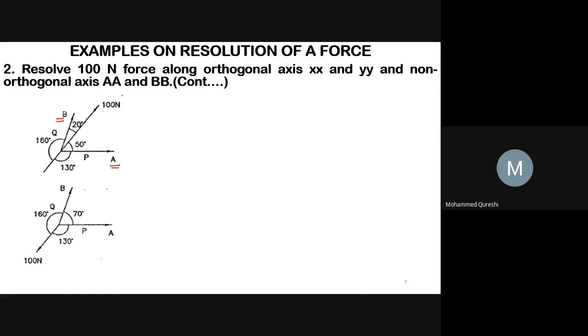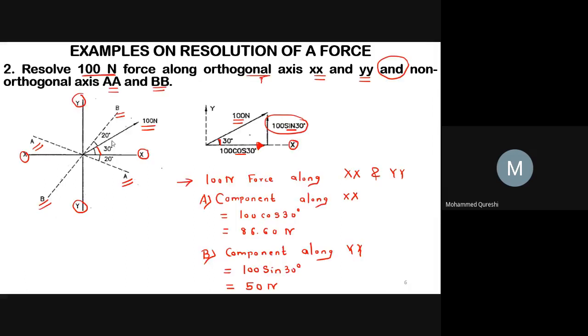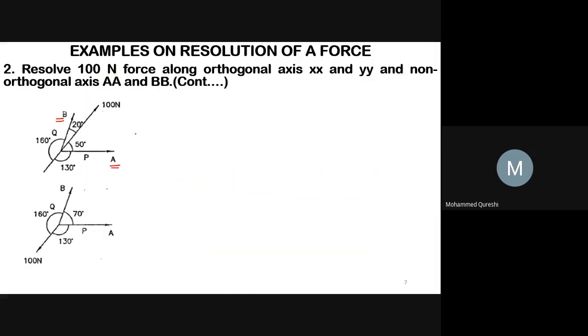This is the simplified figure of the given figure. So now 100 Newton force is given, and the angle between the 100 Newton force and axis A is given as 50 degree, and the angle between axis B and the 100 Newton force is given as 20 degree. So now we have to again simplify the figure with reference to the angle.